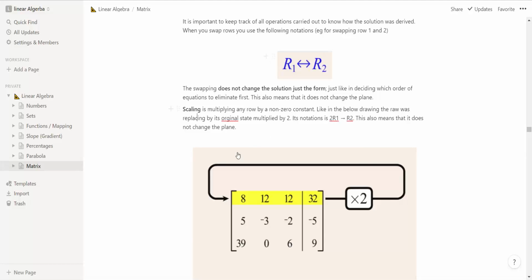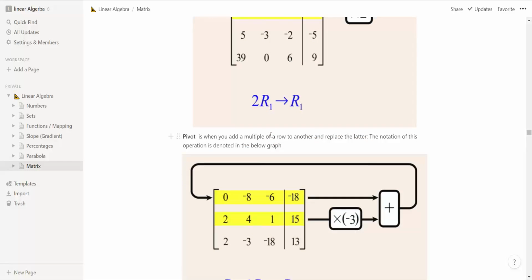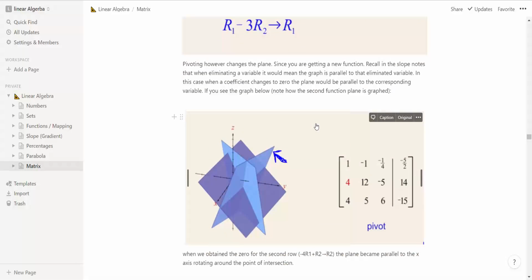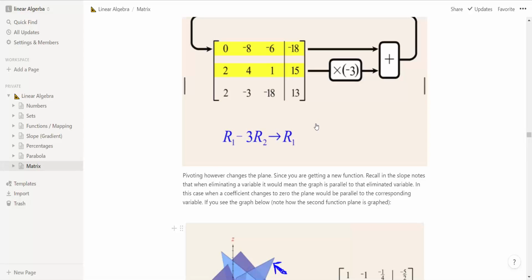In this case, you're actually replacing the original. So you do whatever it takes, and then you do the pivot, in which you do some addition or multiplication, whatever it is, and then you replace a certain row. Whatever it is that you're trying to achieve, you do different kinds of operations on them.